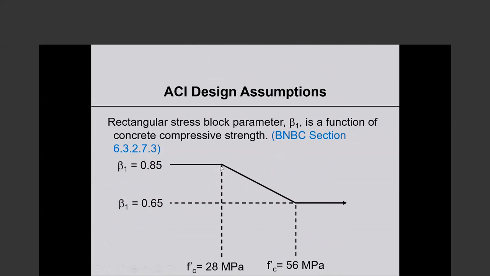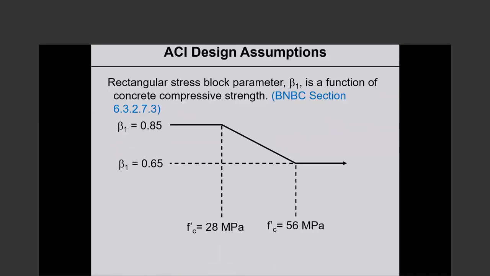It drops to 0.65 at a strength of 8,000 psi, and beyond that it remains level at 0.65. So 0.85 up to 28 MPa, 0.65 beyond 56 MPa, and in between 28 and 56, we do a straight line interpolation between 0.85 and 0.65.